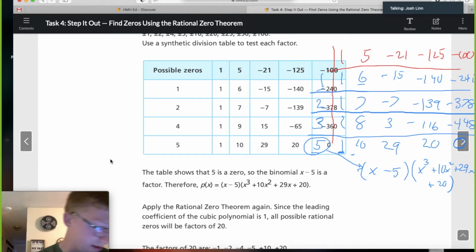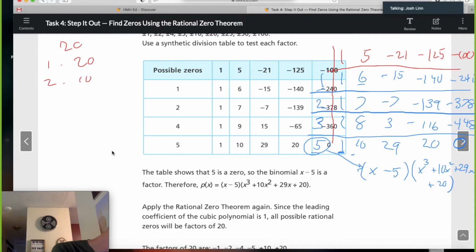So we can apply the rational zero theorem again. Since the leading coefficient is 1, all possible rational zeros will be factors of 20. So now we can list the factors of 20 over here. So we got 1 times 20, 2 times 10, 4 times 5, and then 5 times 4.